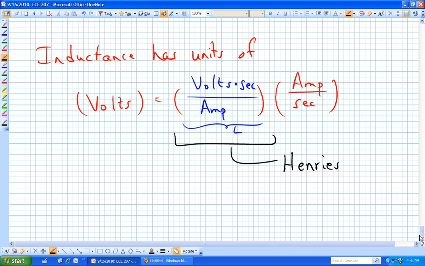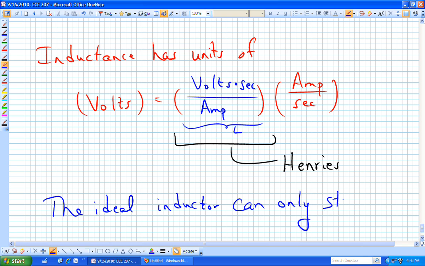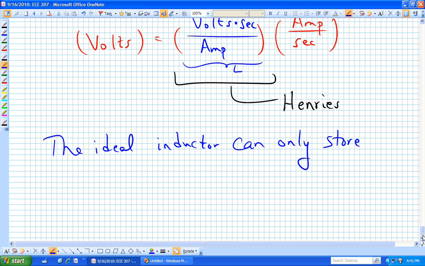And this ideal inductor, just like the ideal capacitor, is only going to store and release energy.